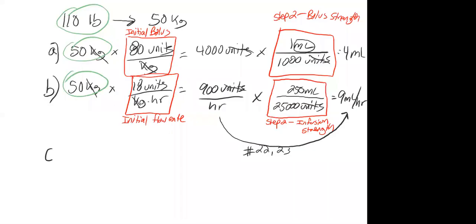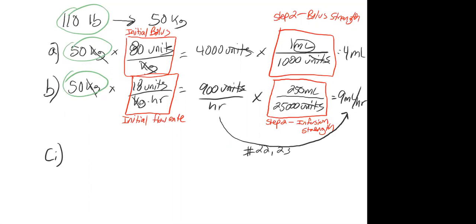So when we do C1, I got to go back to my question here. It says, calculate the number of milliliters to prepare. And then it says C, after 6 hours, the patient has an APTT of 43 seconds. Now, in the protocol, steps 11 through 15 is the quote unquote after 6 hours, what to look at.